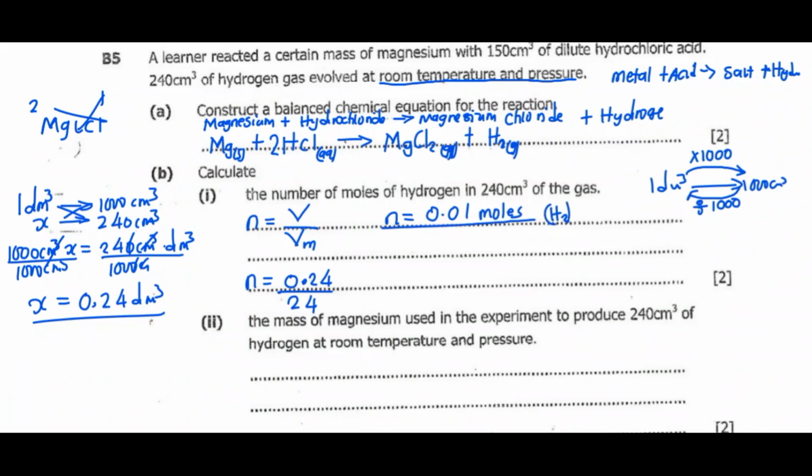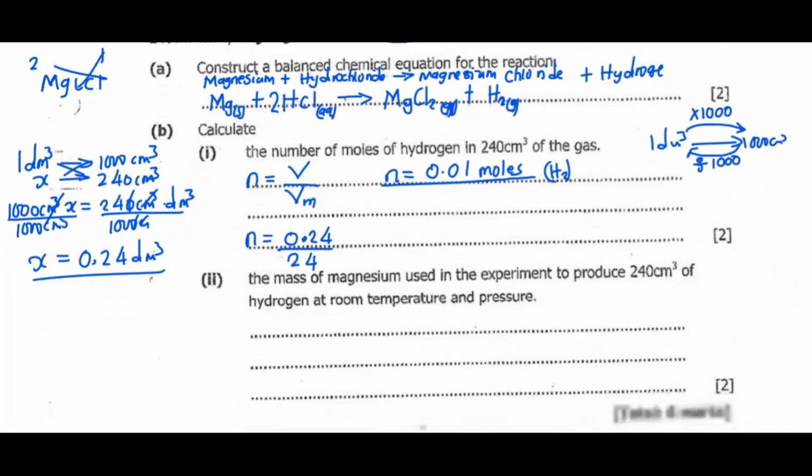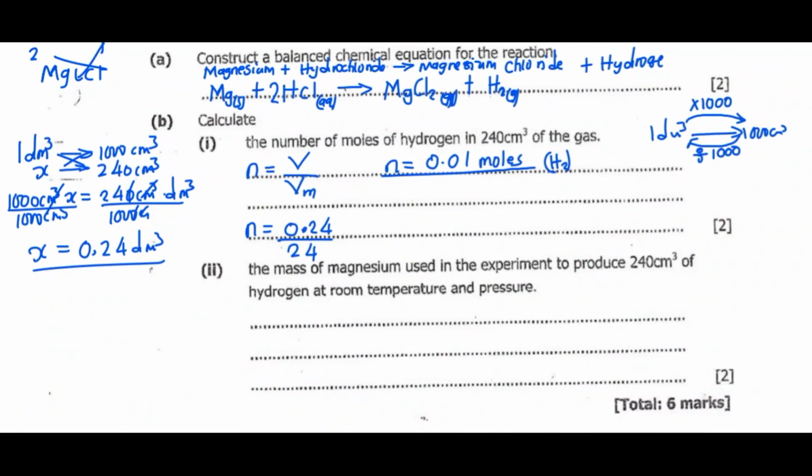Then Roman number 2, the mass of magnesium used in the experiment to produce 240 cubic centimeters of hydrogen at room temperature and pressure. So what's the formula for mass? The formula for mass is equal to n multiplied by molar mass, given that we make M the subject of the formula, but the actual formula is number of moles equal to mass over molar mass.